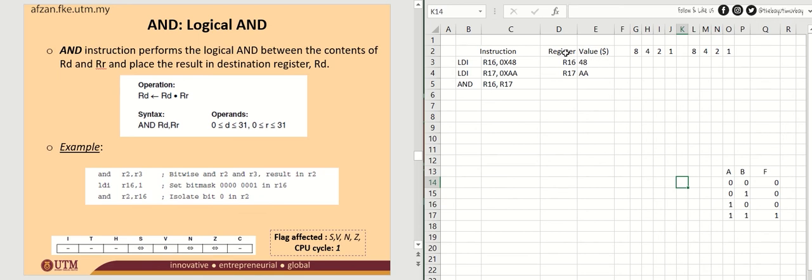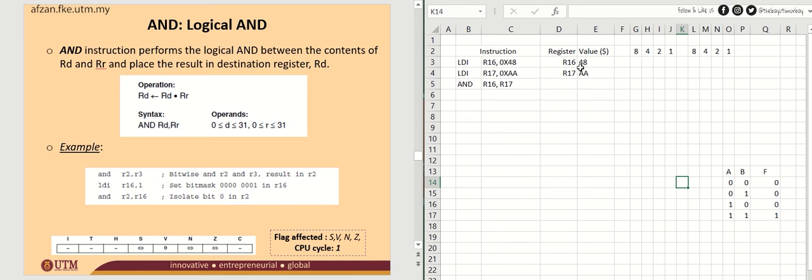how to do that is, first you need to convert this hexa value to a binary number. How to do that? You are going to use the 8421 method. Since this value here is 8-bit, you have an 8-bit number here, so 4-bit and 4-bit.